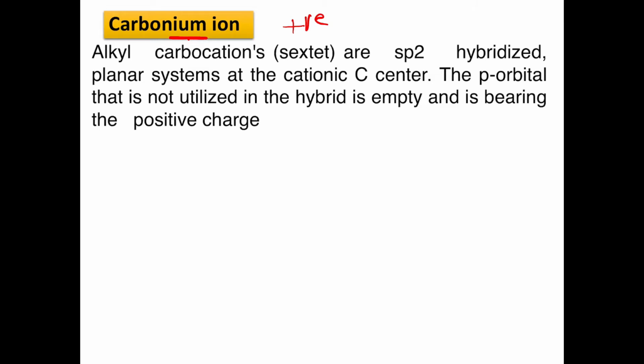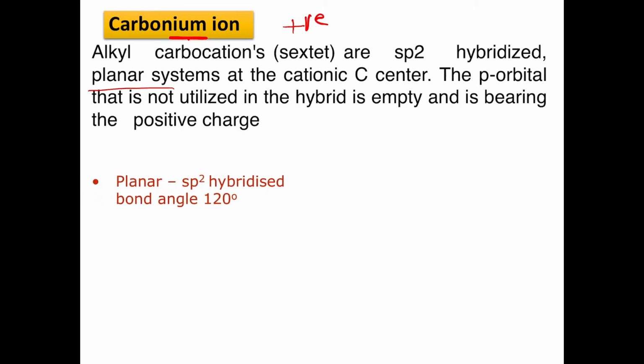In alkenes, the carbons are sp2 hybridized. They are planar. What do we mean by planar? That means they are in 2D, not 3D. We have X and Y, not Z. At the cationic carbon center, the p orbital that is not utilized in the hybridization is empty and bears the positive charge.